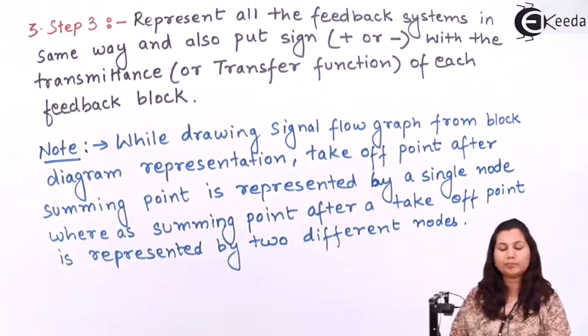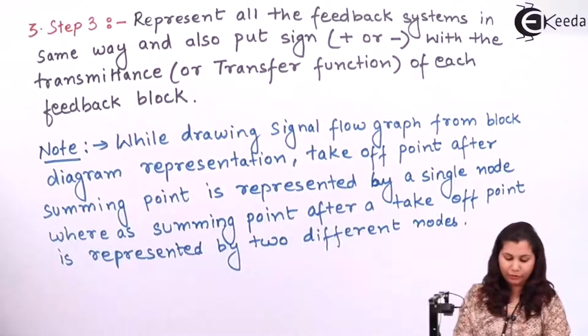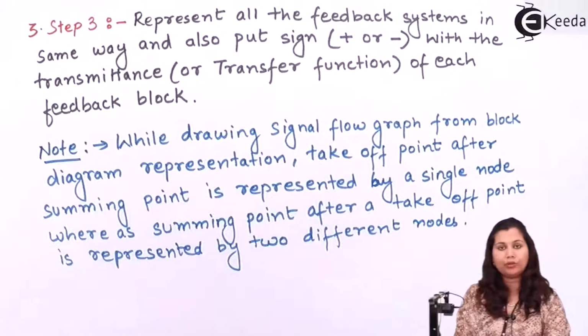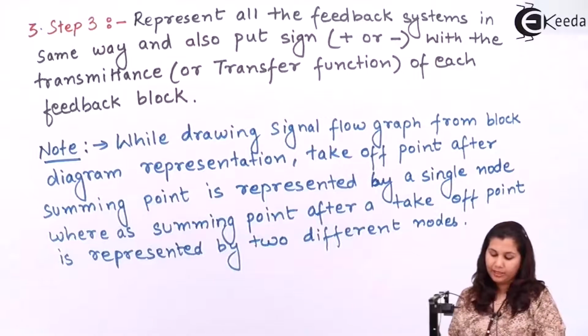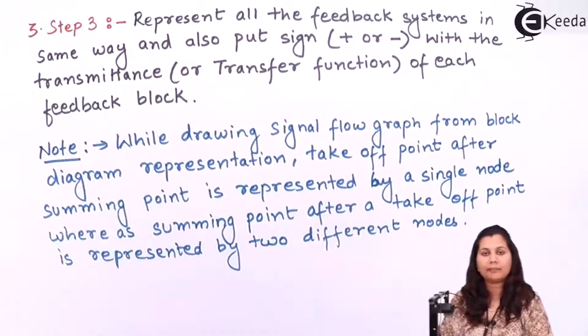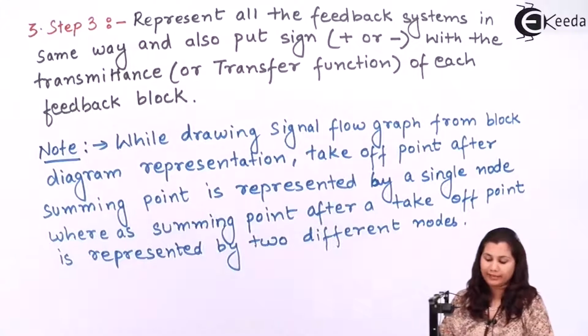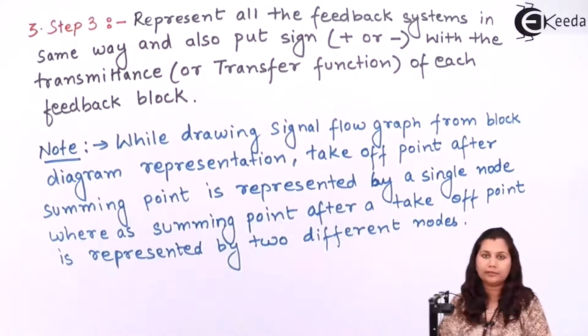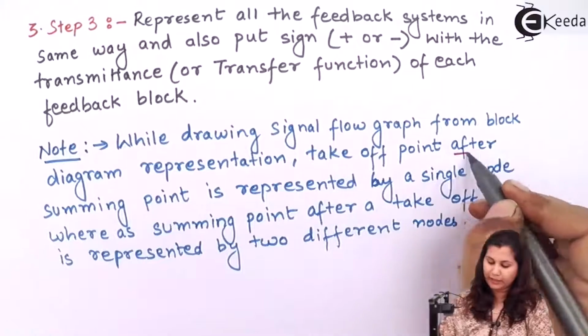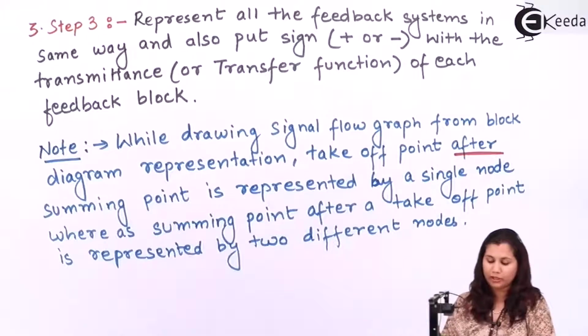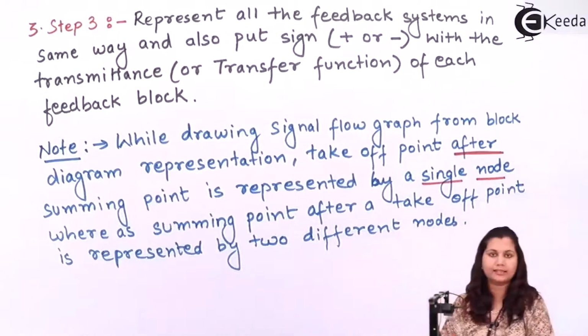You have to keep this point in your mind: whenever you are drawing a signal flow graph from the block diagram, the takeoff point which comes after the summing point is represented by a single node. Whenever the takeoff point comes after a summing point, you have to consider it as a single node.